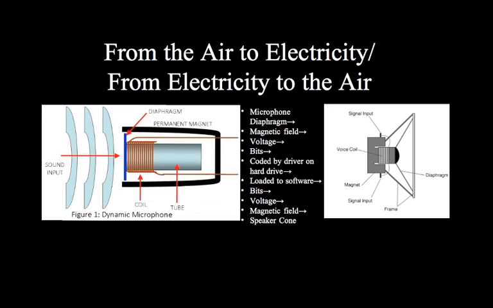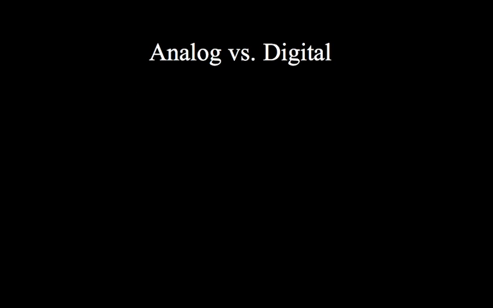And that voltage then is sent to the speaker that has a magnet in it. So that magnetic field is now being driven and moves the speaker cone back and forth. So, okay, a lot more technical looking, a bunch of other steps, but it's still the same process. Air, analog, digital, analog, air.